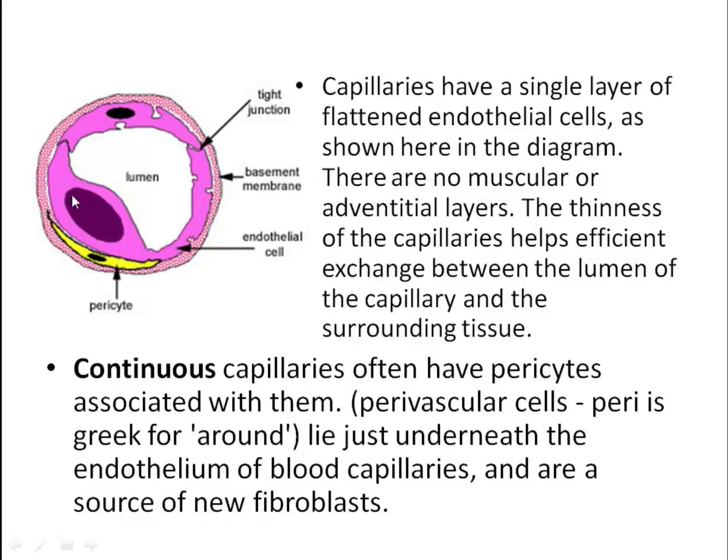This large violet dot indicates the nucleus, and these invaginations in the cells indicate the pinocytosis or exocytosis process going on with the surrounding tissues and blood. Now, around this endothelial cell is a basement membrane, which doesn't have any nucleus.